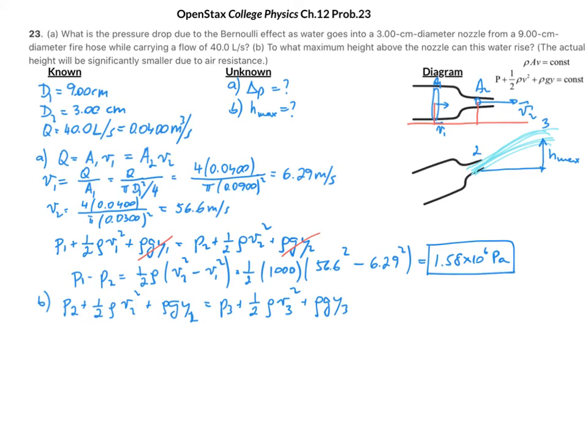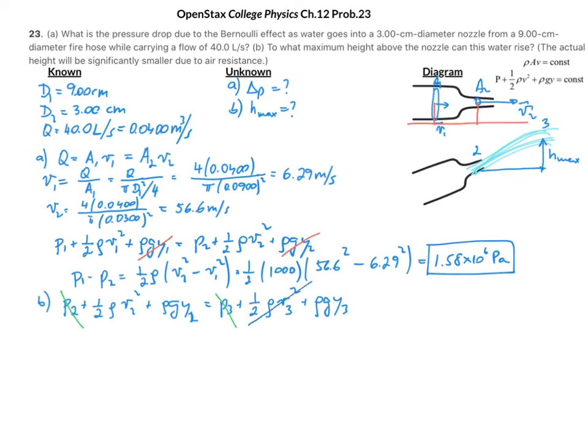So let's try to evaluate these things. What is pressure 2 as the water exits the nozzle? Well, it's in contact with the atmosphere, so pressure 2 is going to be the atmospheric pressure, and so is the pressure up here. So P2 and P3 are the same, they are the atmospheric pressure, so I'm going to cross those out. The other thing that we're told is that the water reaches the maximum height. That means that the velocity at that point is 0, so I'm going to cross this out.